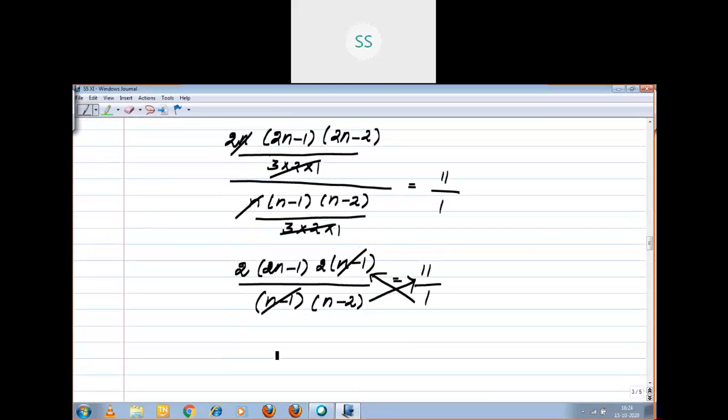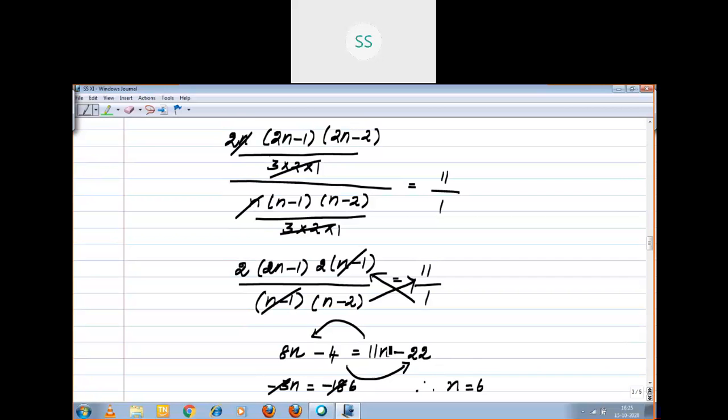Now 4, 8n, right? 2 into 2, 4 2s are 8, 8n minus 4 equal to 11n minus 22. Then minus 3n equal to minus 18. Therefore, n equal to 6.